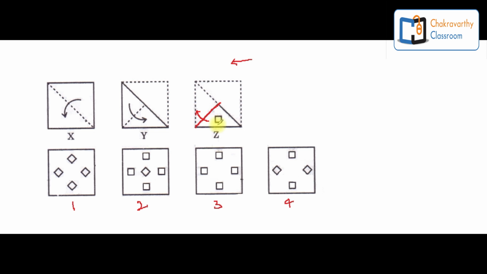If this is the mirror, perfectly the image will be here in this way, in the middle of this triangle, because this base will overlap with this and this side will overlap with this dotted one. And perfectly it is looking like this.